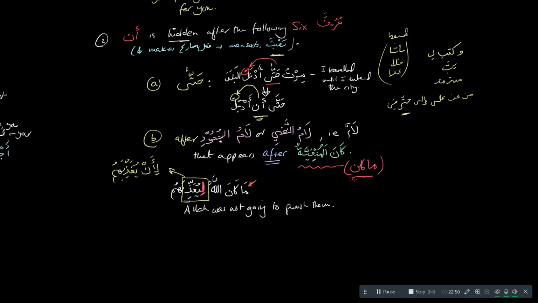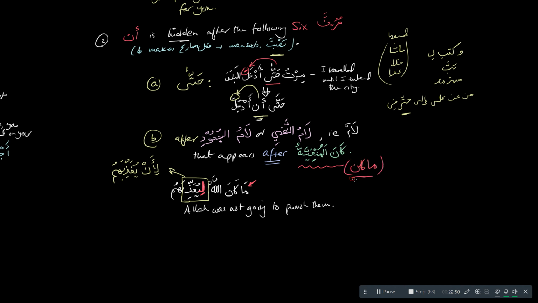So in this case, this أو here, لا تعطيني. Okay, so this أو here actually means until, إلى أن. So this has إلى in the meaning of إلى أن.